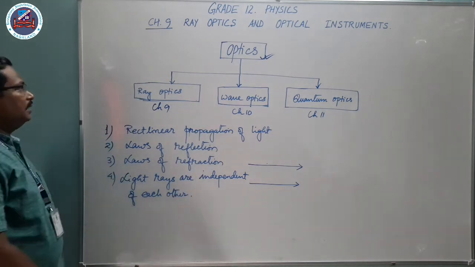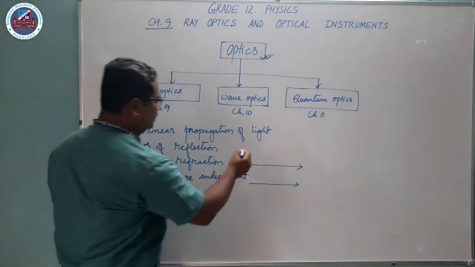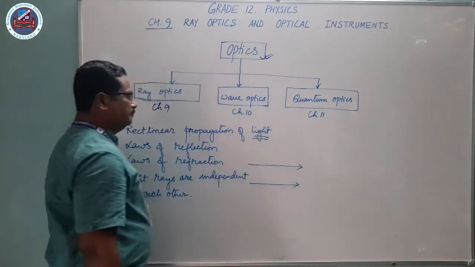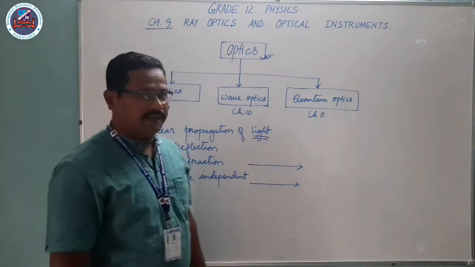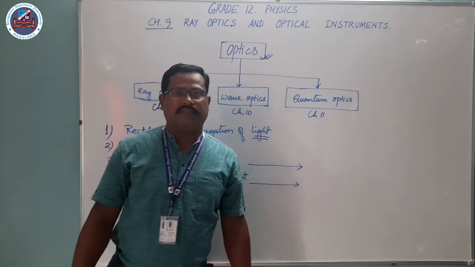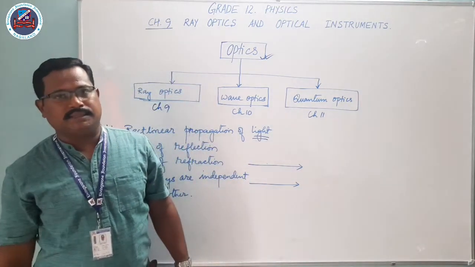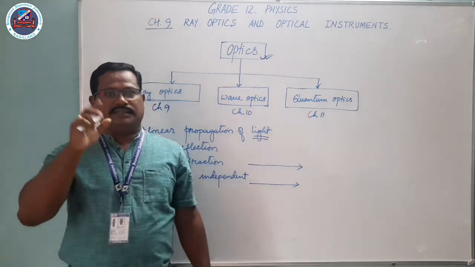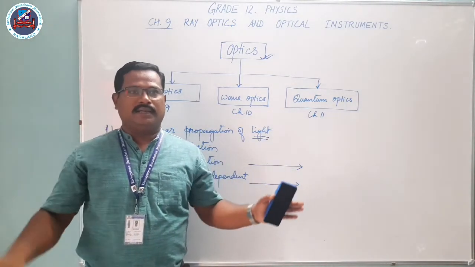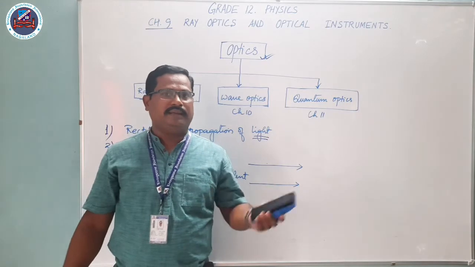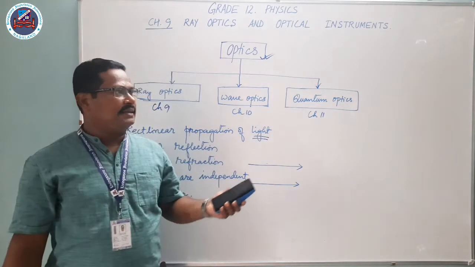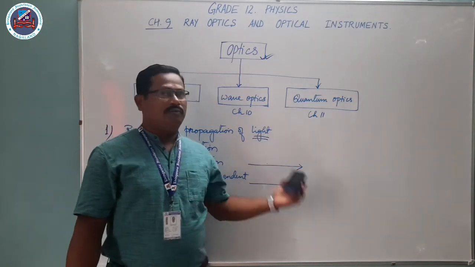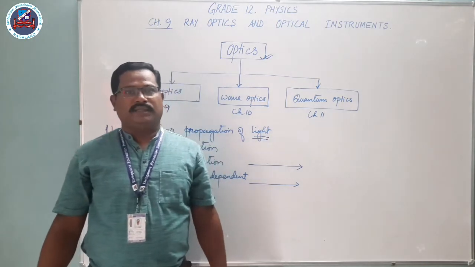Now let us talk about light. When we define light, basically we define it like this: light is a form of energy which enables us in the sensation of sight. Because of the presence of light, we can see things in and around us. You can even define it in a better way: light is a form of electromagnetic wave as well.